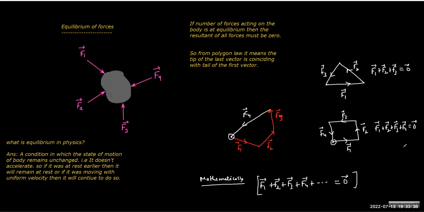Now just be careful, don't write the number 0, because we are adding vectors, so we expect a vector answer. Even when a human being dies, they will not become an animal, they will remain a human being. Whether they have life or not, they are a human being. They will not transform into a cat or dog at the time of death.